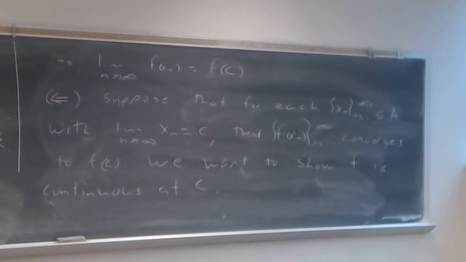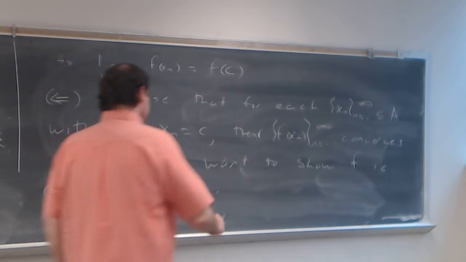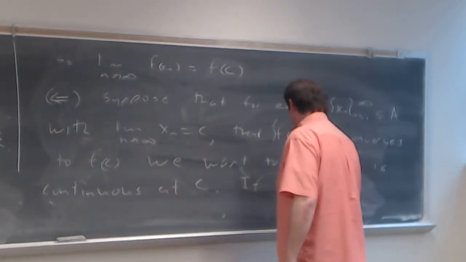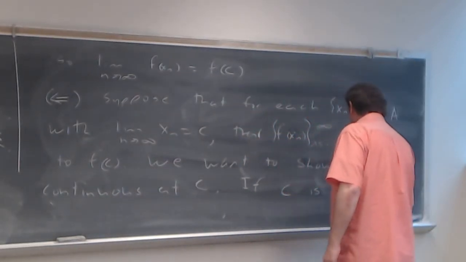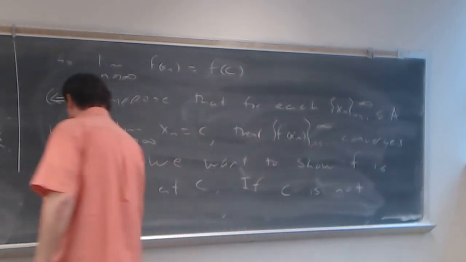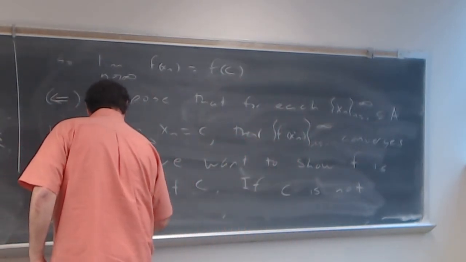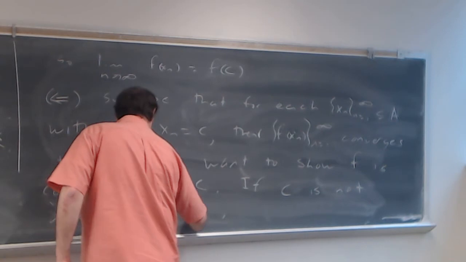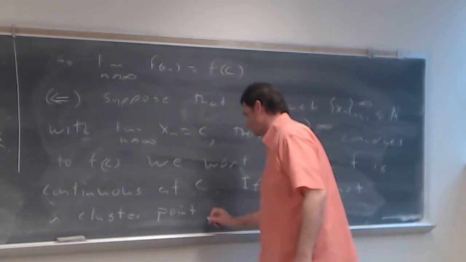Really, we can break this down into two cases based on c that we can use previous facts about. So c's in A, I know. But just because you're in A, you can have two options. You could either be a cluster point or a non-cluster point. Now, if c is not a cluster point of A, then what do we know about the continuity of f at c?